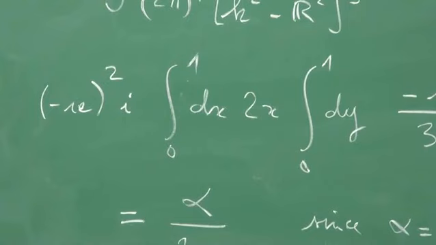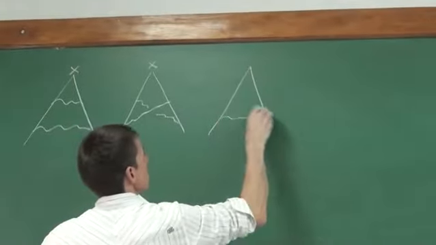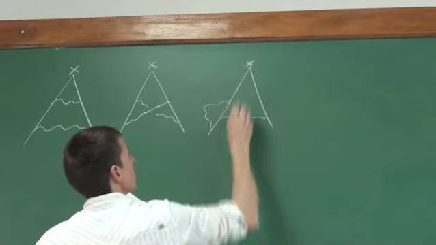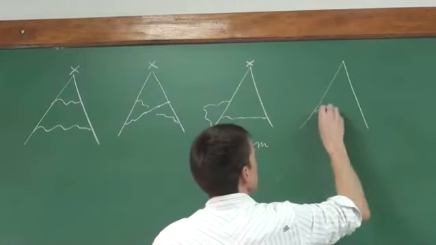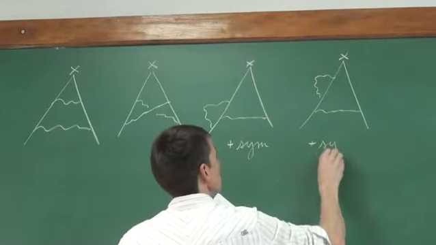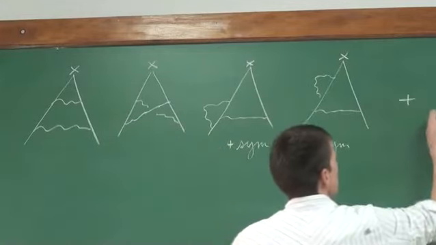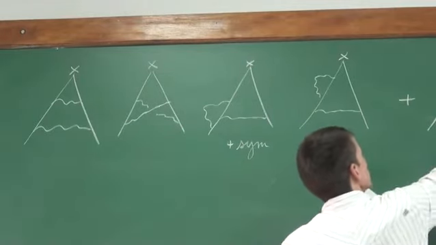So you have this, this, this one, plus the symmetrical diagram, this one, plus the symmetrical, and the last one, which is the one that one can do, in fact.